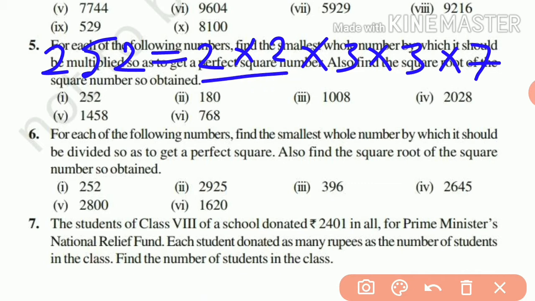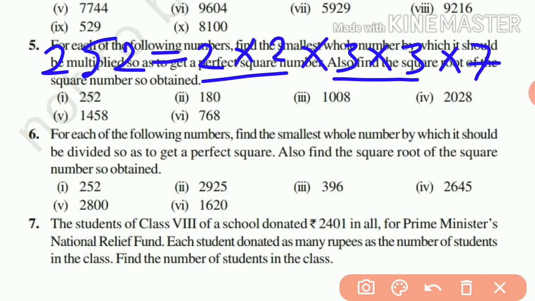Here is one pair, here is a second pair, and here 7 is not a pair. So in this question, by what number should we multiply this number so that it becomes a perfect square.